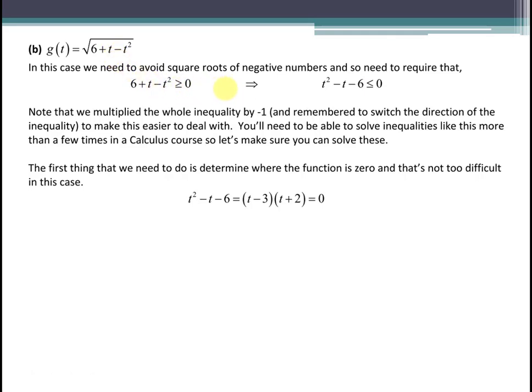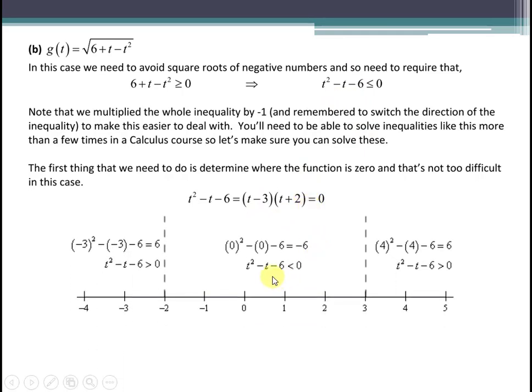That's why we multiply both sides of our inequality by minus 1, so you should remember to switch the direction of the inequality, and we have the following factorization: t minus 3, t plus 2, of this one. This is a quadratic inequality.